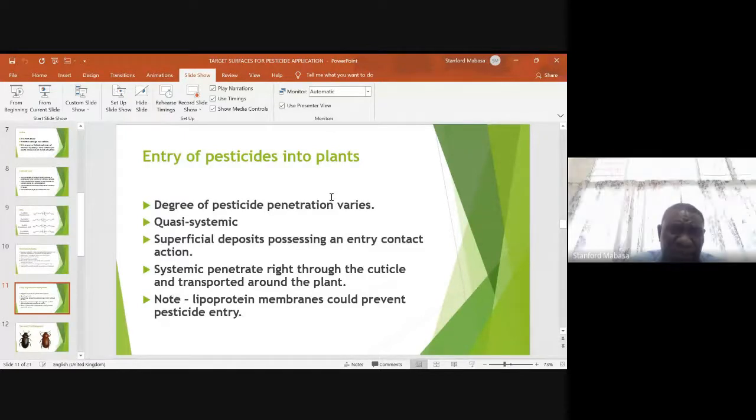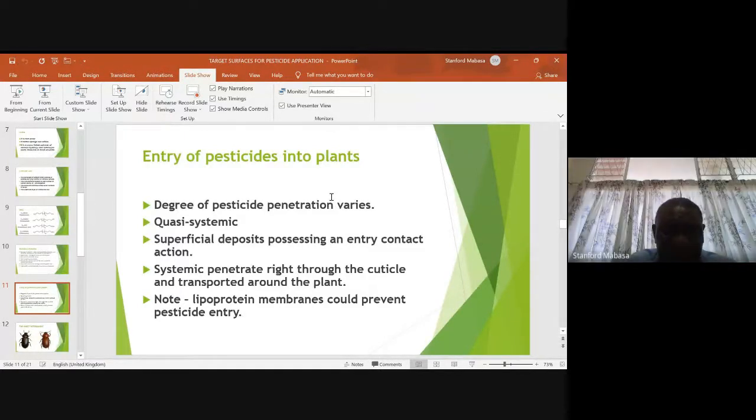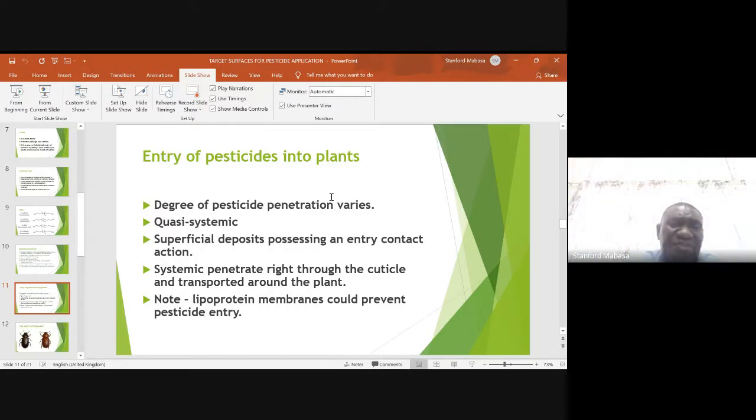Now, when pesticides enter into the plants, the degree of pesticide penetration varies. We have what we call quasi-systemic, where the pesticide cannot fully enter the plant. We have superficial deposits possessing an entry contact action.